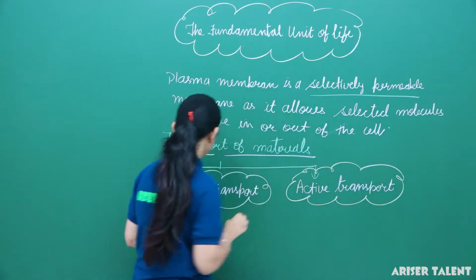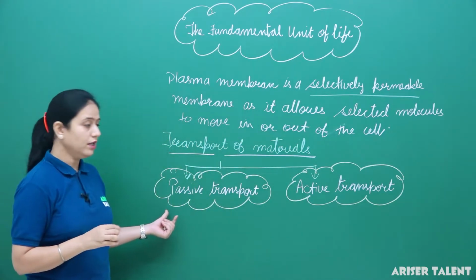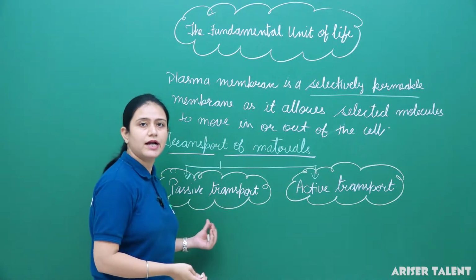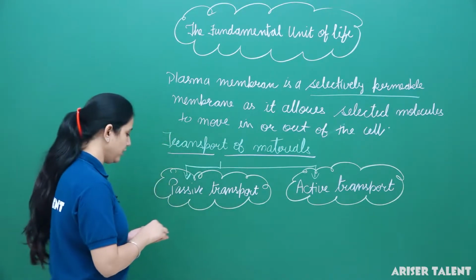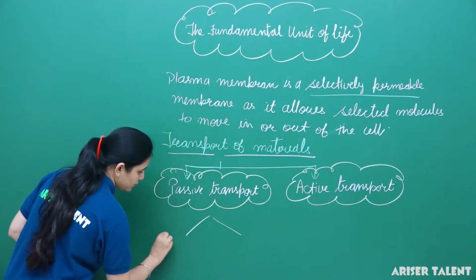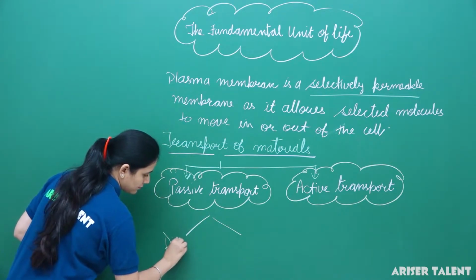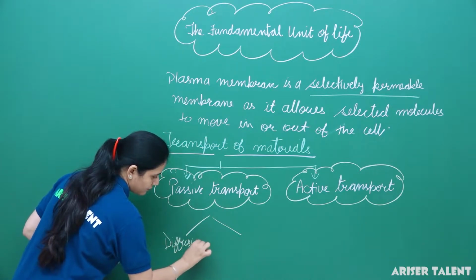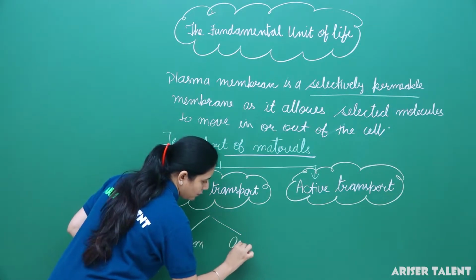What is passive transport? The transport of material that takes place without energy is passive transport, and it is generally done by two methods: diffusion and osmosis.